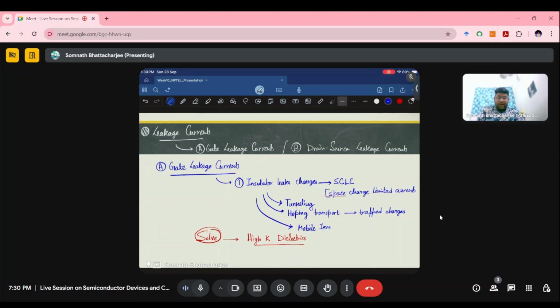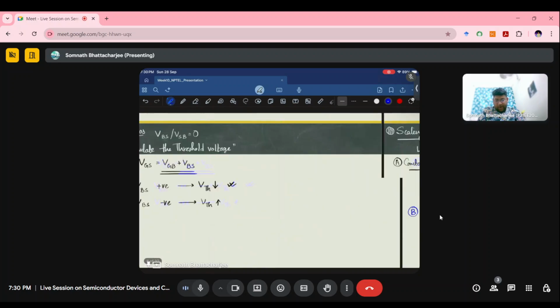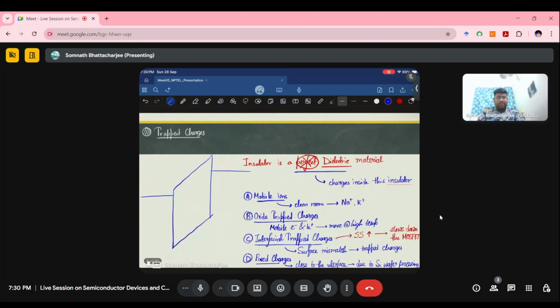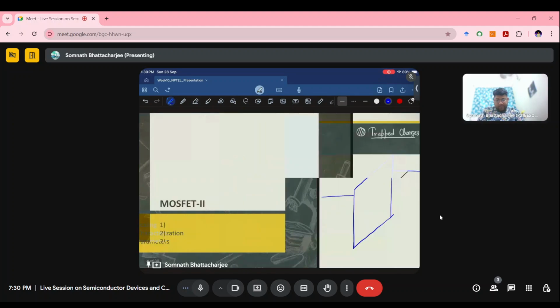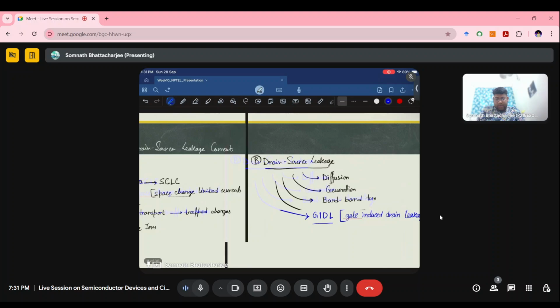Because of that there were several miscalculations, and in reality there is a leakage current, and these currents can be formed from both sides. It can be from the gate side, that is the gate leakage, and also drain and source leakage. Apart from that, there are effects on different key parameters based on the scaling down of these devices.